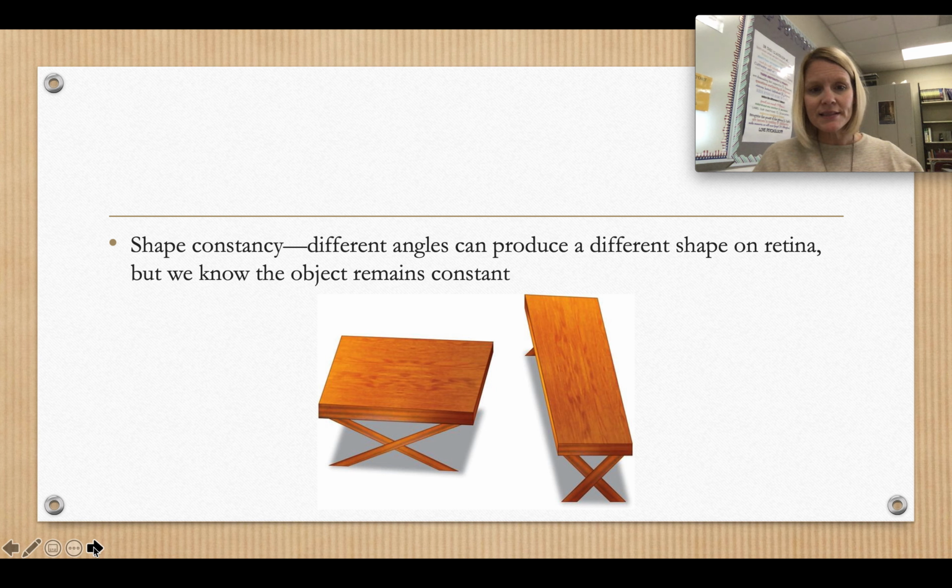Shape constancy is when we can see different angles produce a different shape on the retina, but we know that is still the same. So for instance, that picture, again, students hate it. I'm like, well, that's the same table. It's just taken from a different angle. Students are like, no, that is not the same table, but it really is.